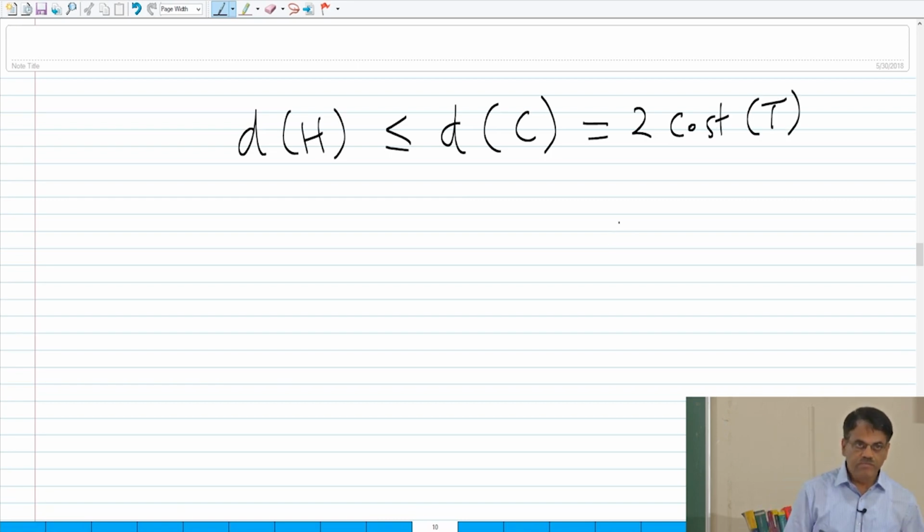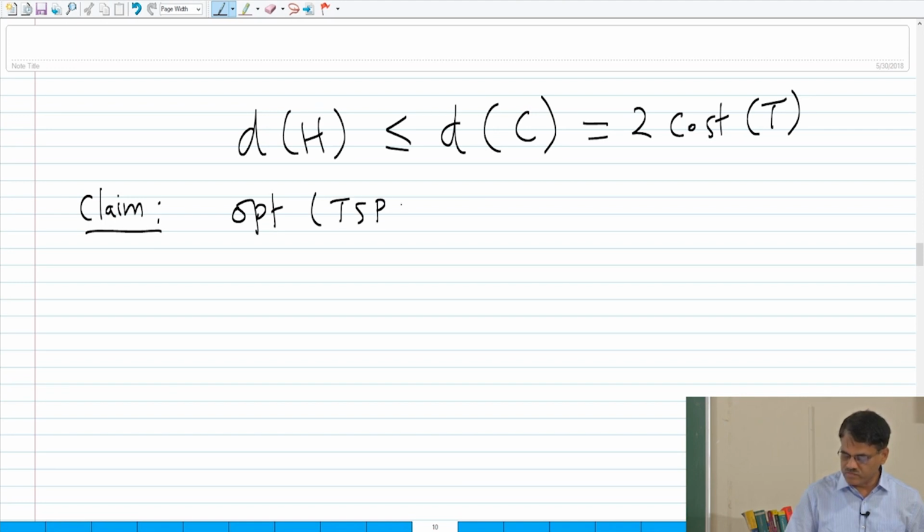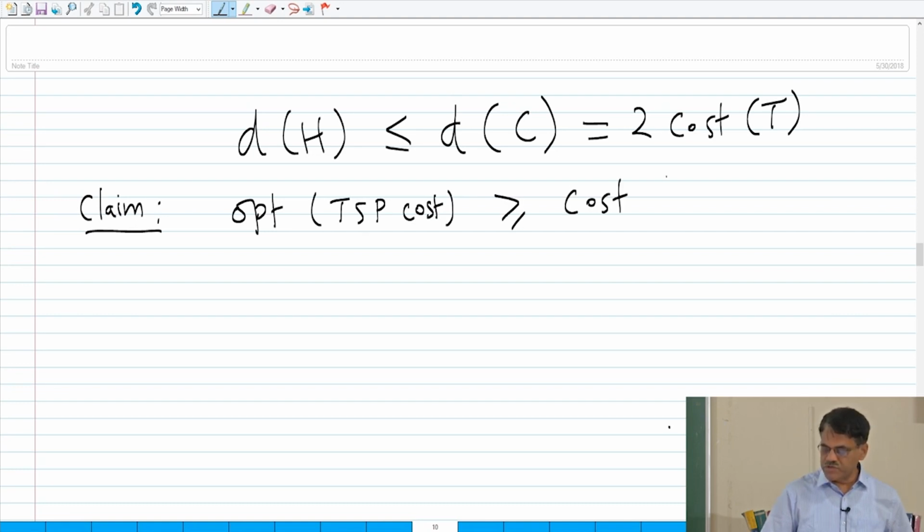Now, I have to give you a lower bound. Here is a small claim. The optimum TSP tour cost is greater than or equal to the cost of the minimum spanning tree, in fact strictly greater than. To show this, what do I have to do?